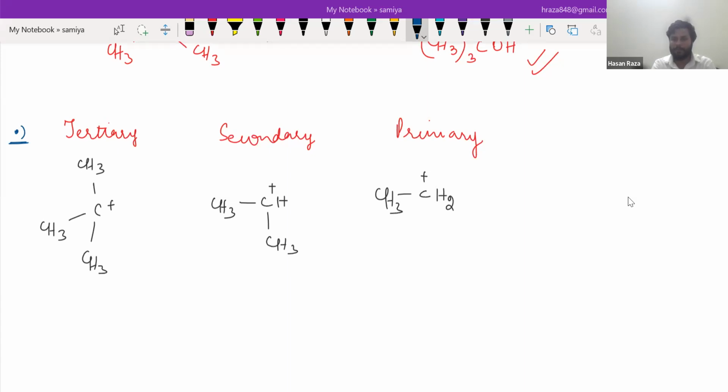What do you think? Electron deficient. That means it has fewer electrons, so it will be in need of electrons, right?